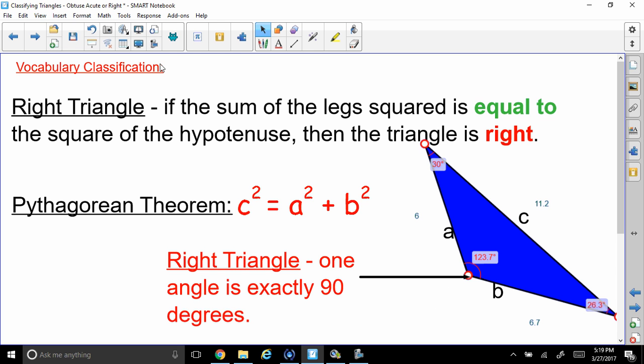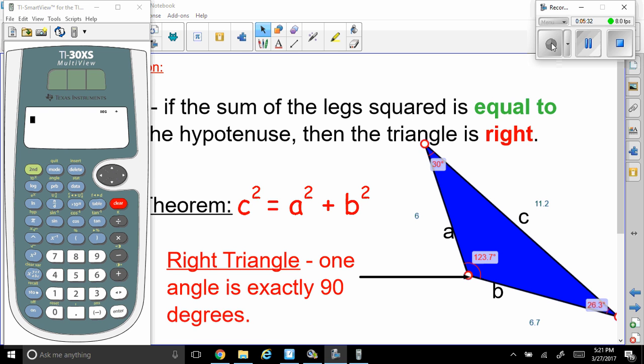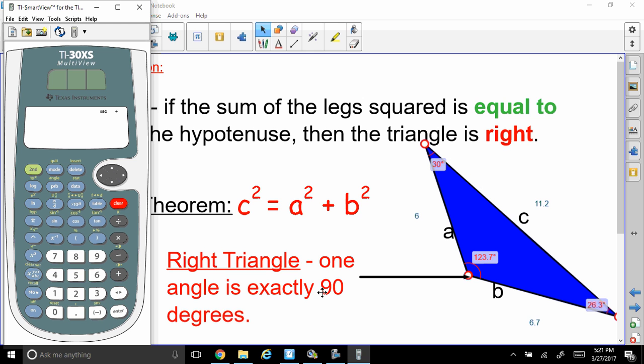So let's go to our calculator and actually prove that right now. So give me 1 second to get my calculator. Okay, I got my calculator. So let's take a look at taking the side squared. So that would be 6 squared, side A, and side B is 6.7 squared plus 6.7 squared.